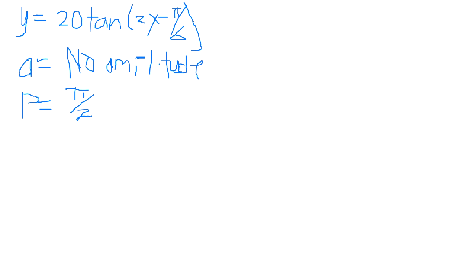Then our step: you don't divide by 4, you divide by 2. So it will be pi over 2 divided by 2, which will be pi over 4.